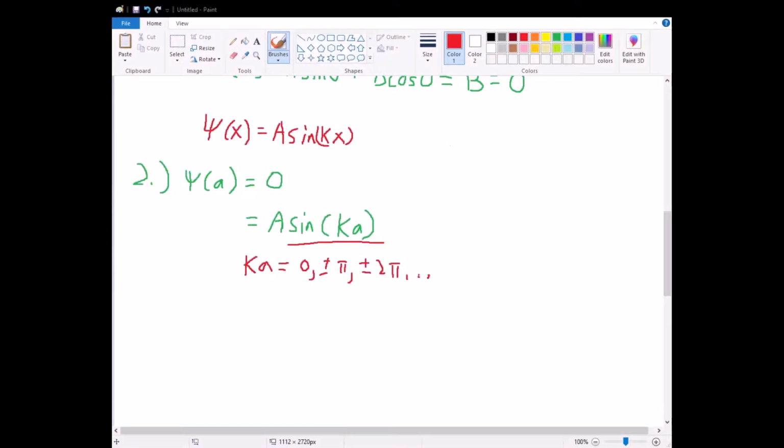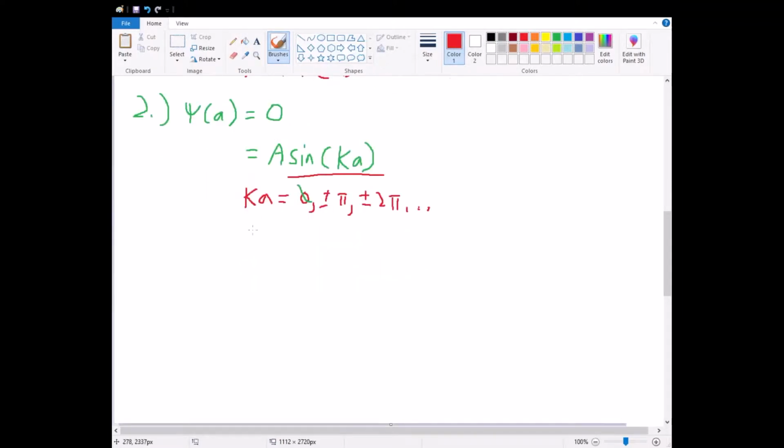From this point, we can recognize that if we say that ka equals 0, then we get the exact same trivialness that we get from earlier on. So we can ignore the ka equals 0 case and look at all the other solutions. So if we only look at these solutions, then what we get is that ka is equal to plus minus n pi.